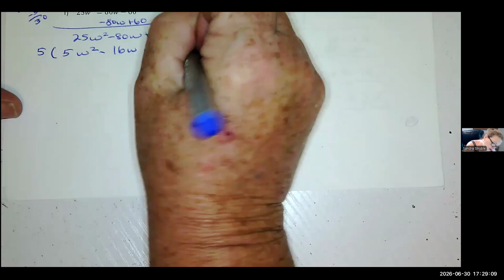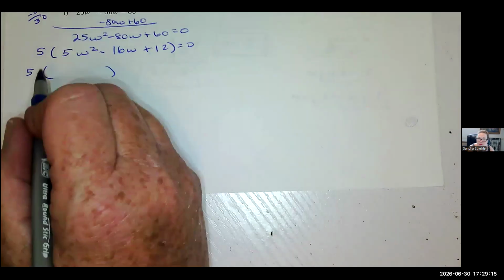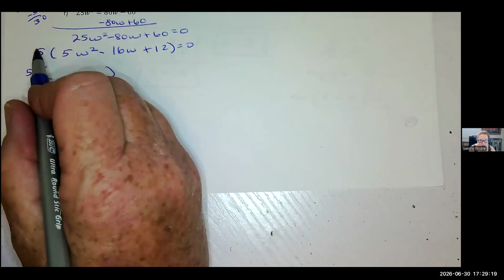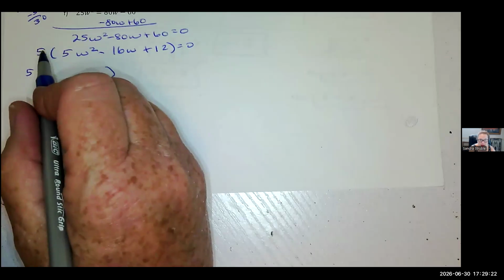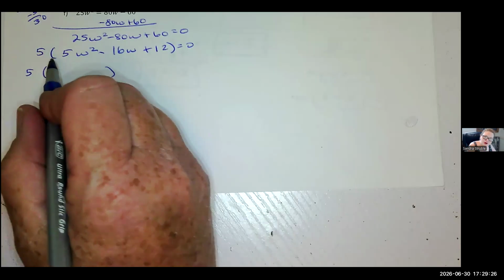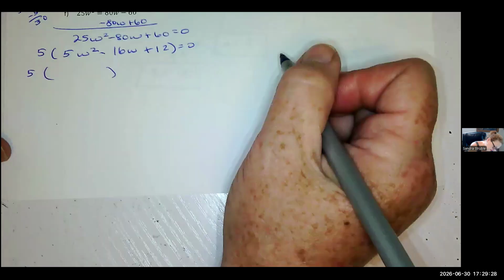What we could do if we want to get rid of that 5, you can't do it if there's a w or an x outside of here. You can only do this to get rid of numbers that are outside of the parentheses. You can go ahead and divide both sides by 5. I'll do it in this next step. Now remember, I'm going to do this differently.